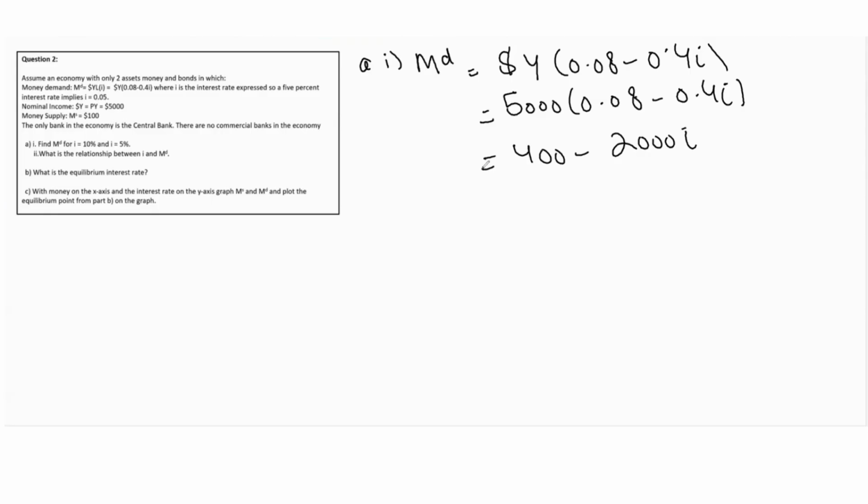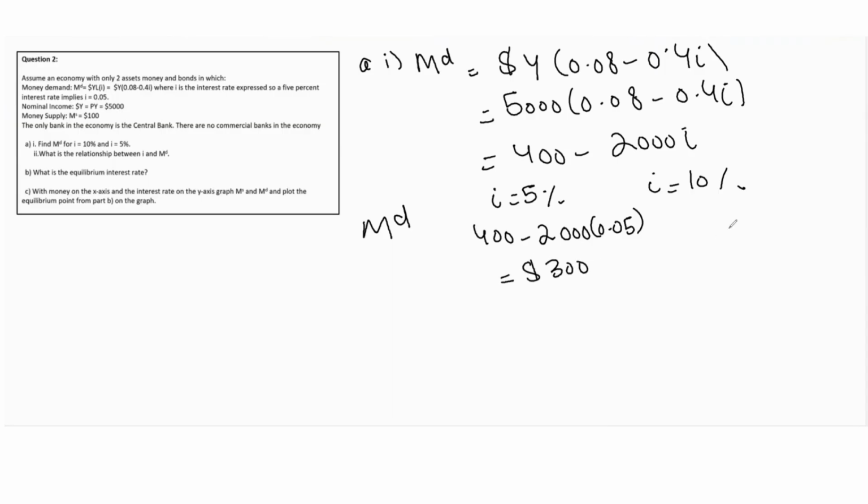So now we want to find money demand for two given interest rates: i is 5% and i is 10%. So this would be 400 minus 2000 times 0.05, which will just be $300. And this will be 400 minus 2000 times 0.1, which is $200.